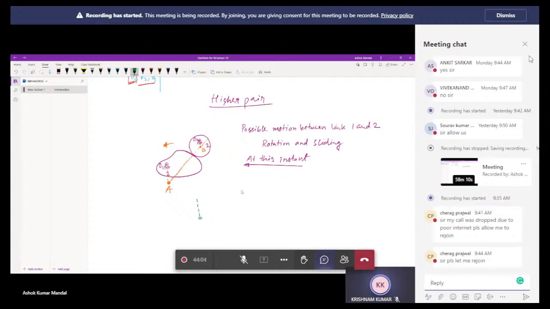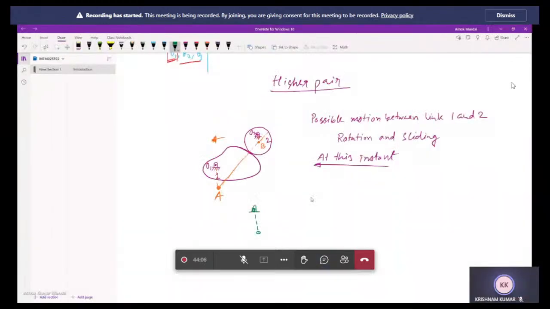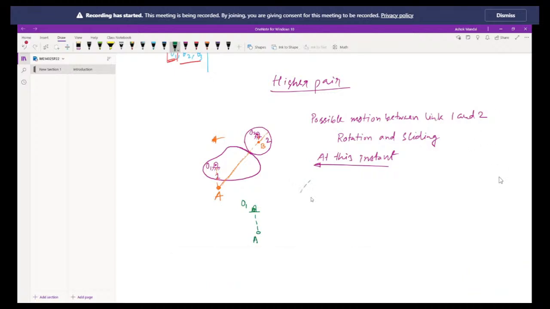This is one link, and that link is O1A, this is the other link, which is AB, and we have another link here, which is O2B.